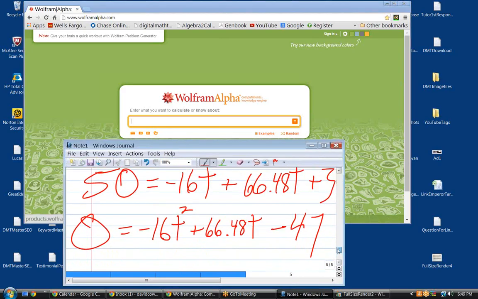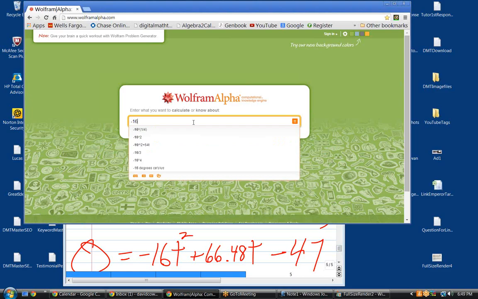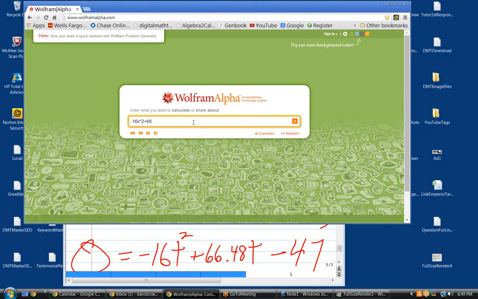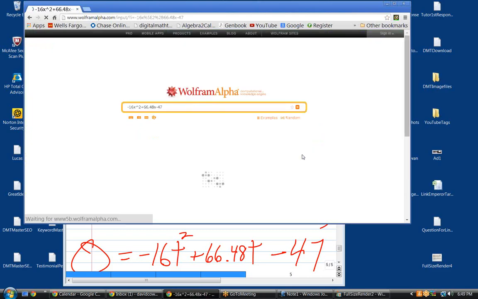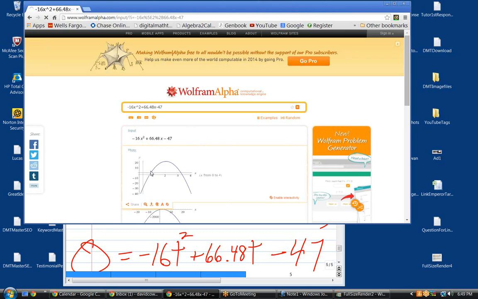Hold on. So, minus 16x squared plus 66.48x minus 47 equals 0.